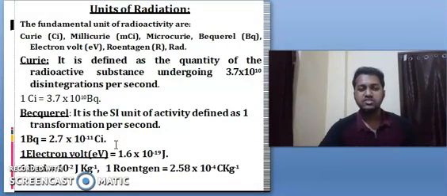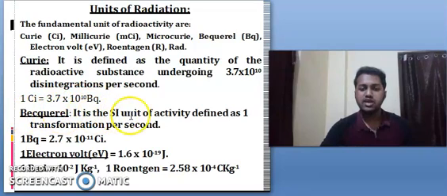So next unit. The fundamental units of radioactivity are curie, millicurie, microcurie, becquerel, electron volt, Roentgen, rad, etc. Curie is defined as the quantity of the radioactive substance undergoing 3.7 x 10^10 disintegrations per second. 1 curie is equal to 3.7 x 10^10 becquerel.